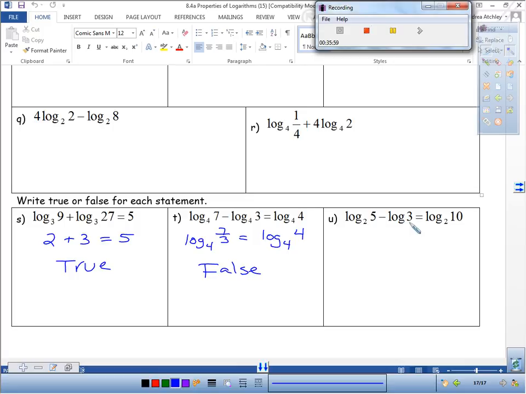And this is log base 10, right? That's a base 10 written in there because it's not written, of 3. Will that work? No, this is false. They don't have the same bases, so I can't do anything other than simplify them if I could, but I can't simplify those. Any questions over that? Okay, your homework is the next page.